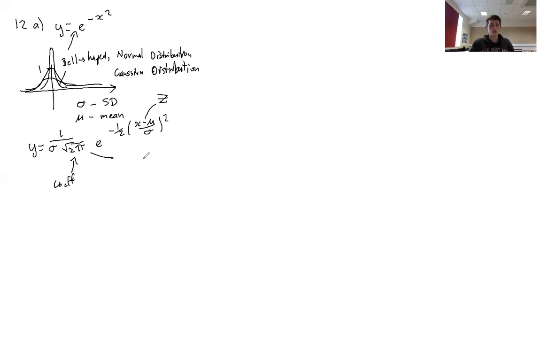So a normal distribution has, under the curve between positive infinity and negative infinity, an area of 1. So this basic e to the negative x squared is going to have a different area under it, but this coefficient deals with that. And then the shape of it and where it's centered is going to be determined by this z value here.